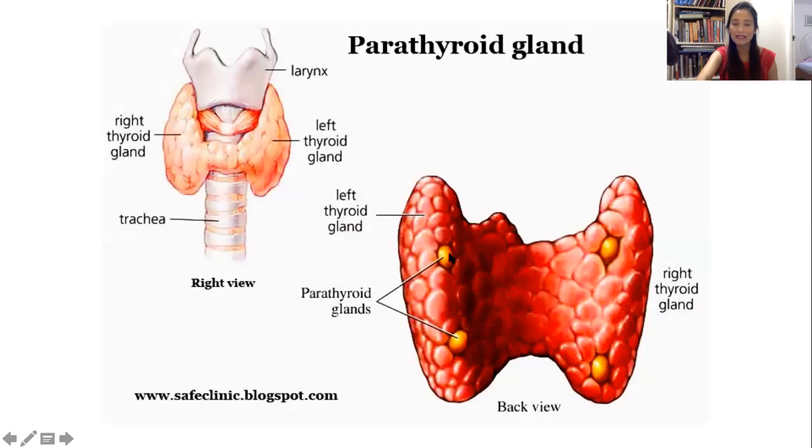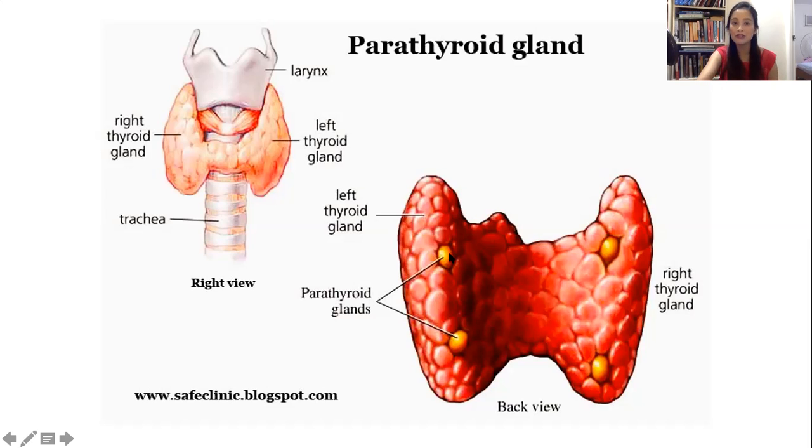If later, when you become clerks and interns, you assist during a thyroidectomy, where the surgeon removes the thyroid gland, the surgeon usually takes extra precaution in identifying and isolating the parathyroid gland in order to avoid inadvertently removing it during the operation.